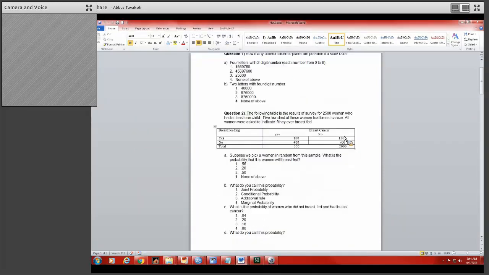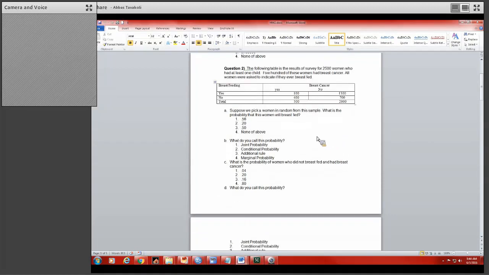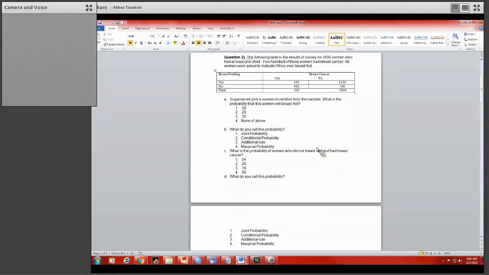Now, the second problem, what I'm asking is we have breastfeeding and breast cancer information. And here I'm asking some question regarding the probability. The first question is, suppose we pick a woman at random from this sample. What is the probability of this woman will breastfeed?